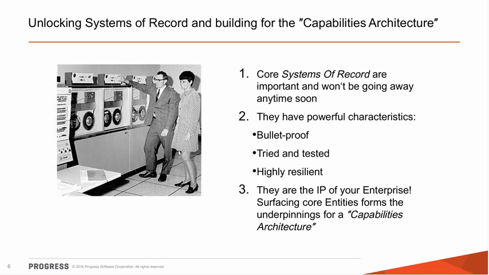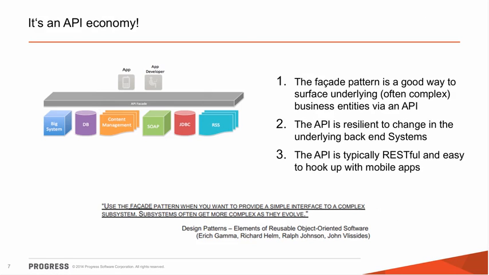But how do we get there? How do we build this capabilities architecture? Well, fundamental to the way we do these things is really the notion of providing a way to digitize the enterprise, or really move towards an API-driven economy. Conceptually, we want to put a facade in front of existing system of record capabilities and make them available to mobile apps via an API call.